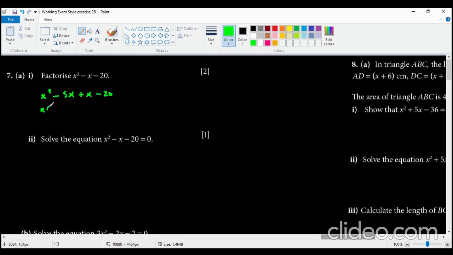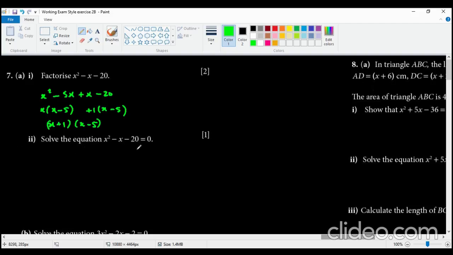So x is common in both of them, x minus 5, and x minus 5 will be written here, and plus 1, that means x plus 1, and x minus 5 are the two factors for this question.